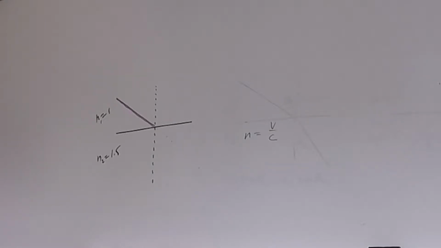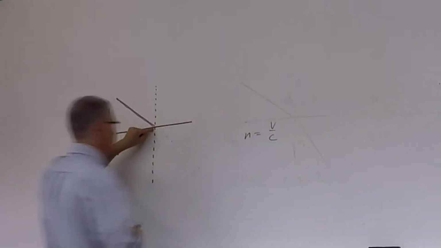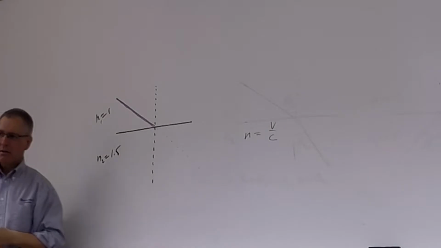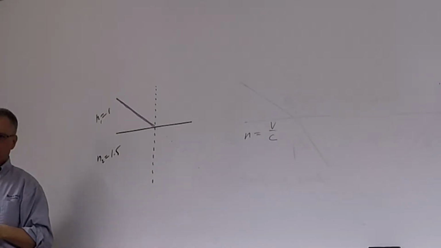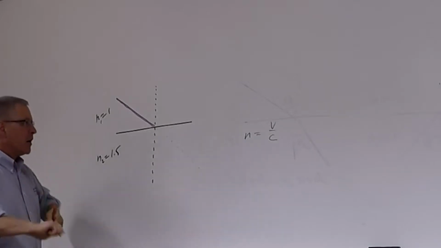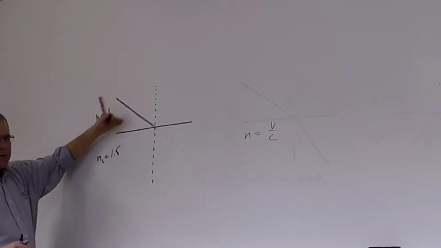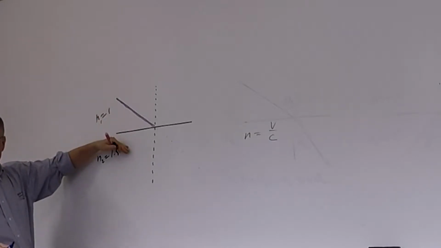That's going to take more time, as if it's a little bit slower through the material, which means a slightly larger index of refraction. So what's the consequence of that once these two beams hit that interface? Yep. Again, you get more bending the larger the difference between these indices of refraction across that interface.